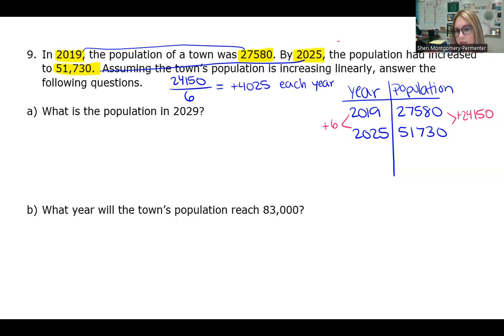So if from 2025, I need to add 4 years, then I could multiply 4,025 by 4 years to figure out how much I'm adding.